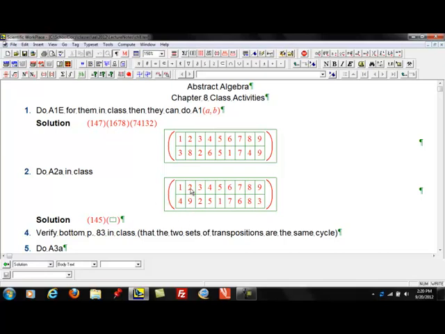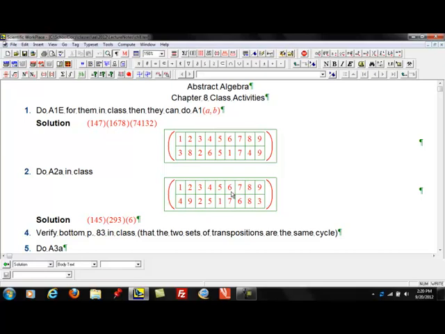Now let's start with the first number that wasn't in the first cycle. That's going to be 2. Where did 2 go? To 9. Where does 9 go? To 3. Where does 3 go? To 2. Do we put 2 down? No. Now start with the first one you don't have. We have 1, 2, 3, 4, 5, so the next one would be 6.